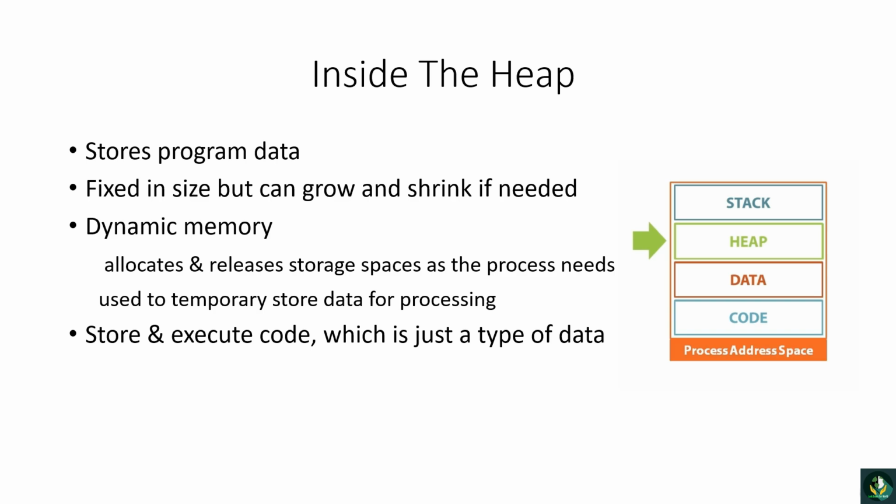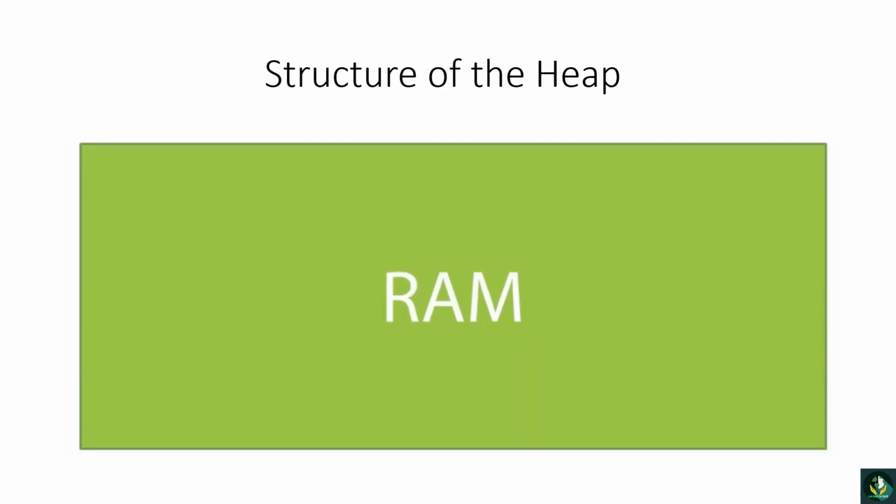Because of this, the heap is often called dynamic memory because of its ability to allocate and release blocks of memory on demand, as a process requires. The name heap implies this area of memory contains a collection of things piled on top of each other, such as a heap of laundry on your bedroom floor.